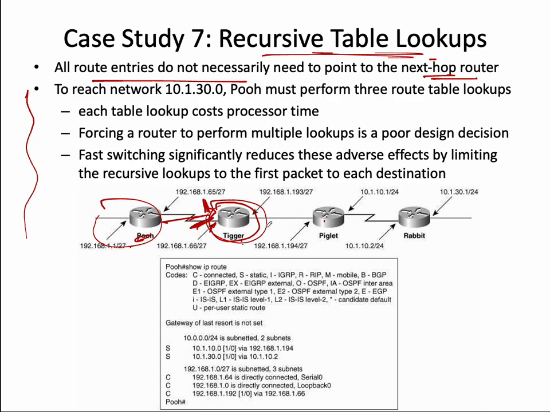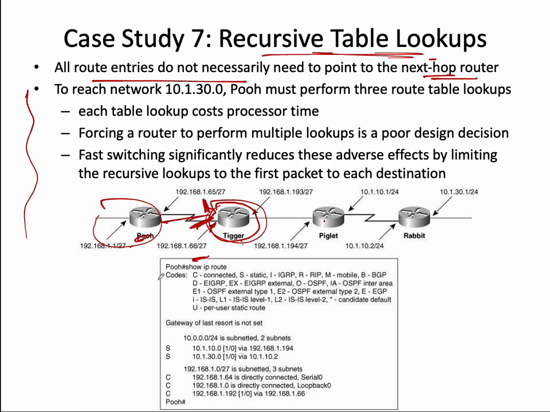So in networking, recursive table lookups refer to the process where a router, in order to determine the best path for a packet, may need to perform multiple lookups in its routing table, right? And this happens when the next hop for the packet is itself determined by another lookup in the routing table.